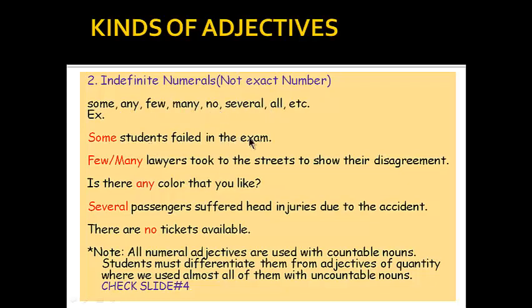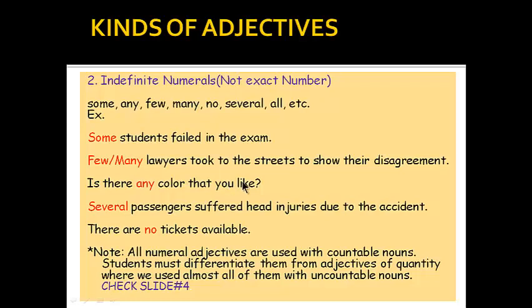Some students failed in the exam. This is indefinite numeral. We don't know the exact number. Few or many lawyers took to the street to show their disagreement. In this sentence, few or many, they are indefinite numerals. We don't know how many.